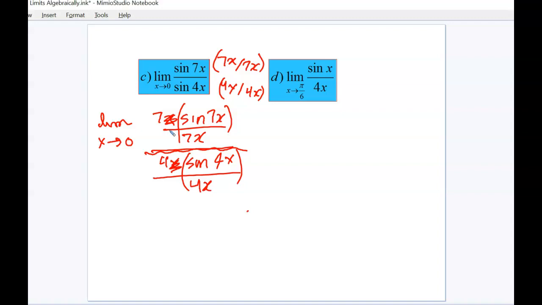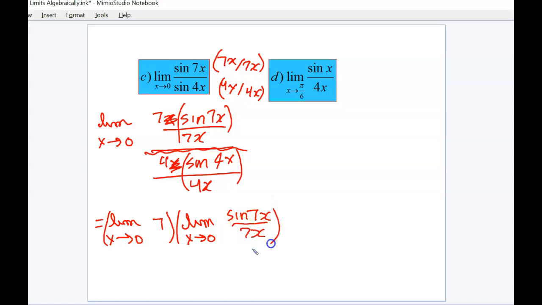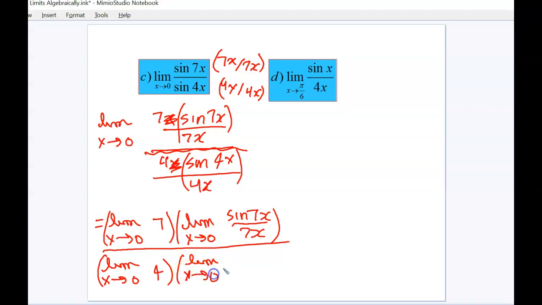So I'm going to be left with, breaking it up into parts, the limit as x approaches 0 of 7 times the limit as x approaches 0 of sine 7x over 7x, all divided by the limit as x approaches 0 of 4 times the limit as x approaches 0 of sine 4x over 4x.